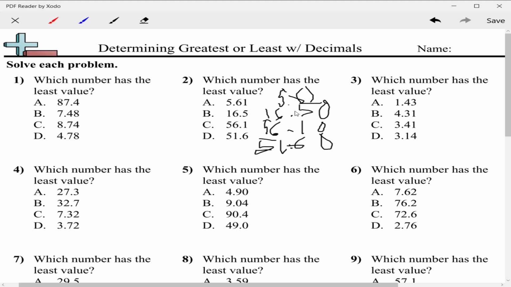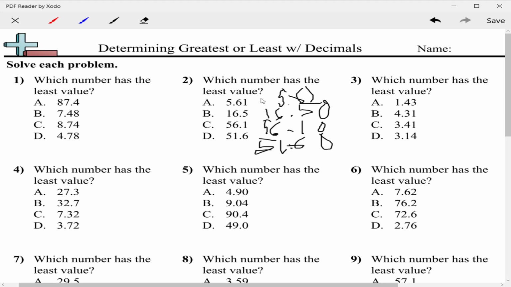So the decimal is all the same here. And then you just want to add, if you need to, add zeros at the end of the decimal, to make it so they all have the same amount of digits to the right of the decimal.